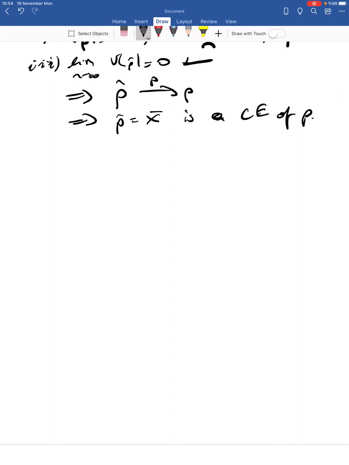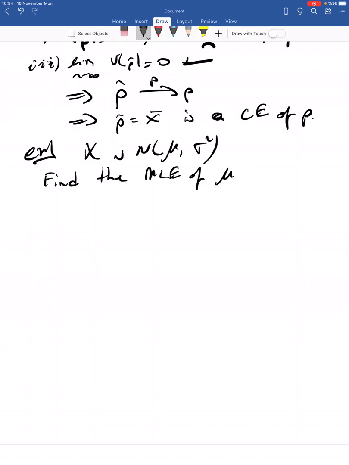So what else? Let's say X is normally distributed with mean mu and variance sigma square. The question is to find the MLE of mu square and check whether it is a consistent estimator of mu square.